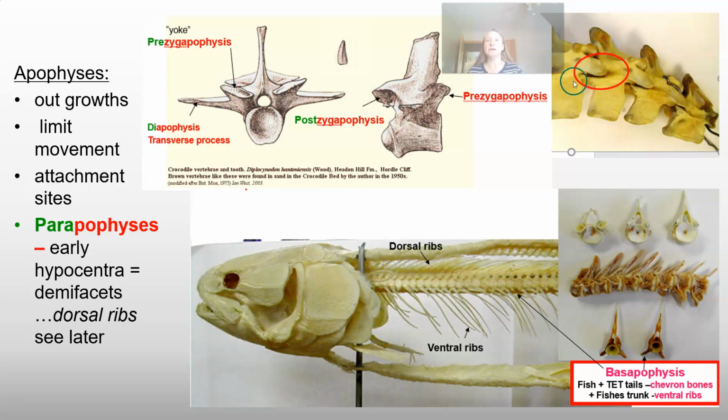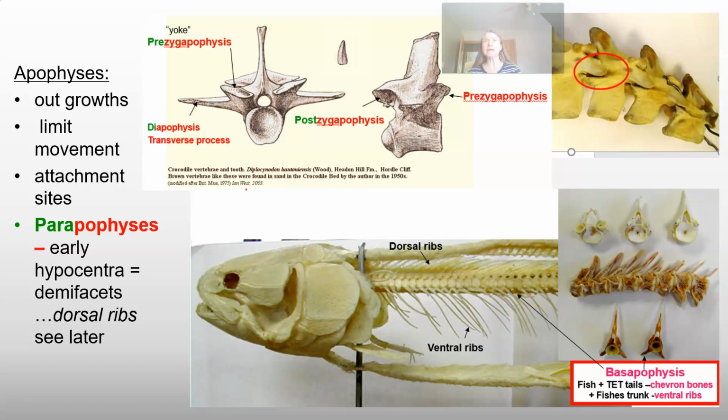So we can come over here and look at what I have circled in this center here. And this would be a post if this is the anterior part of the organism, and this is the caudal end, the posterior part. So this would be a postzygapophysis and the prezygapophysis here. These articulate, and you can see that they're going to limit motion.